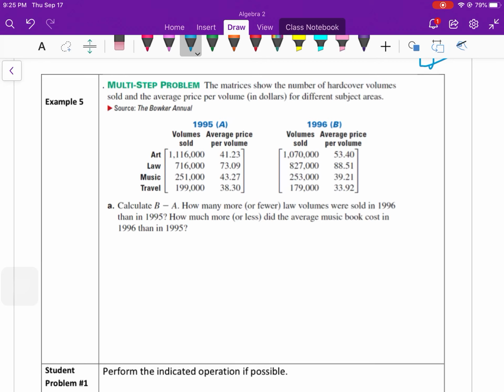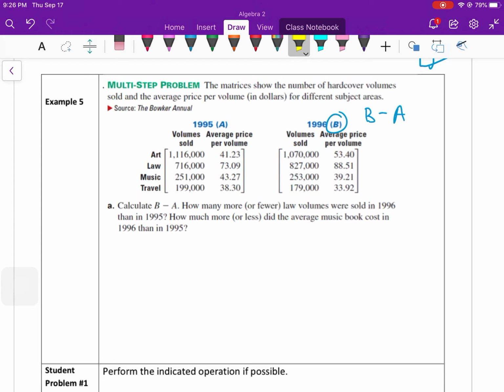So I am only going to subtract these for the specific questions instead of doing all of them. You could take this matrix B and subtract it from matrix A, but I'm going to look at just the specific questions. How many more or fewer law volumes were sold in 1996 than in 1995?